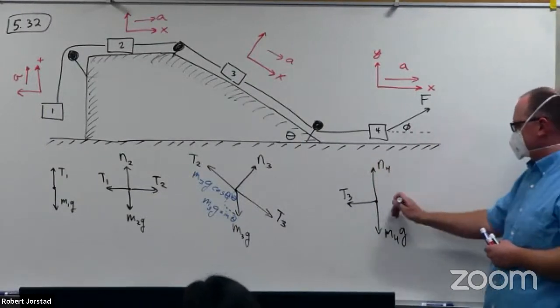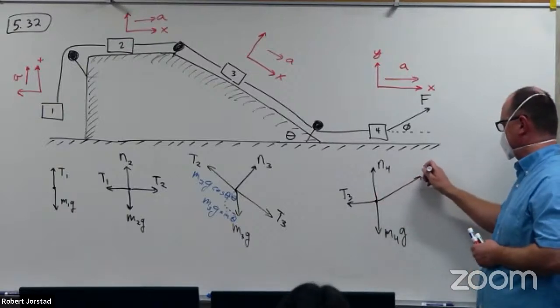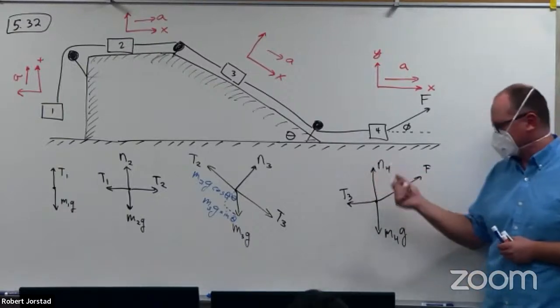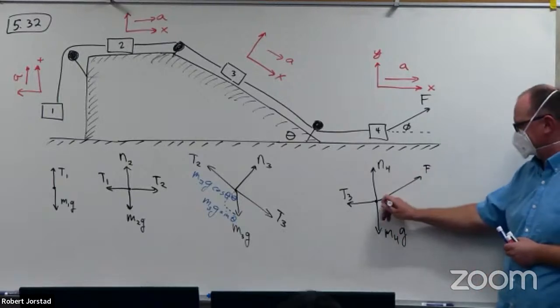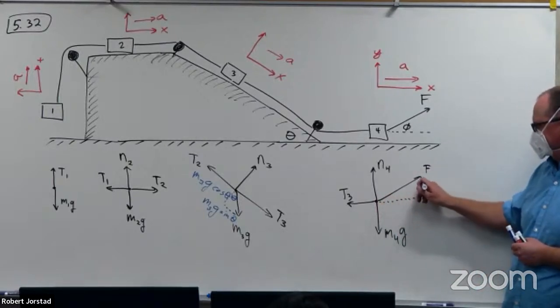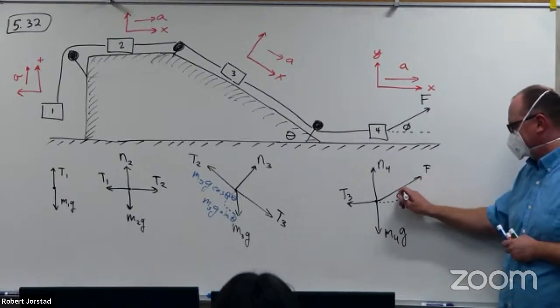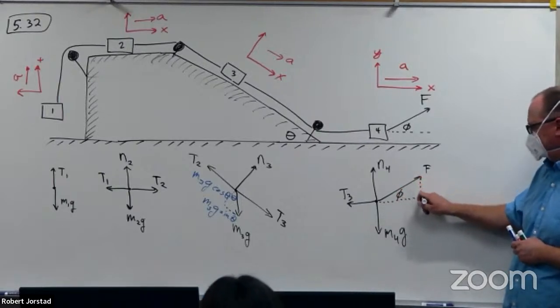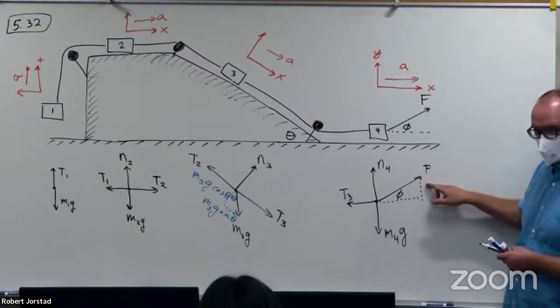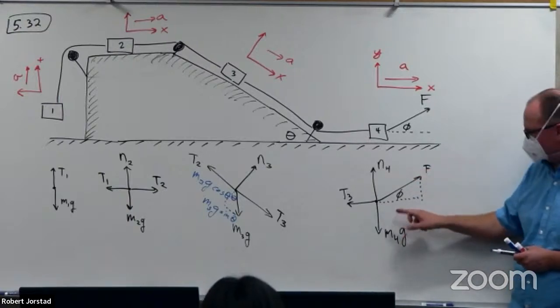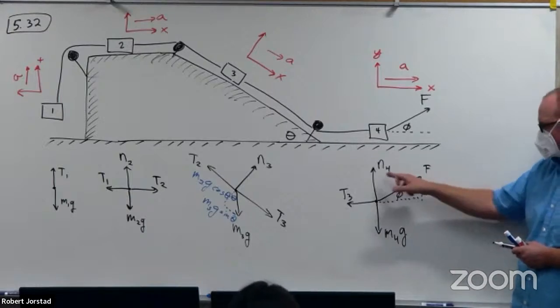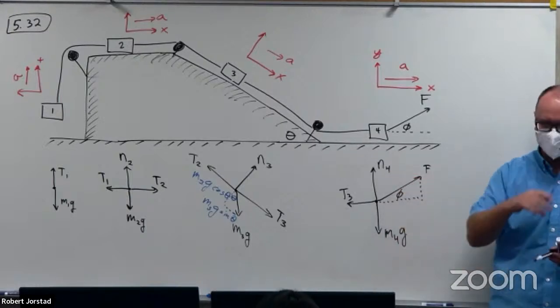N4. And then there's this force over this way. Is normal force 4 equal to m4g? Why is normal force 4 not equal to m4g? These two equal m4g. Do you see it? This one plus this component add up to m4g. You see what I'm saying?